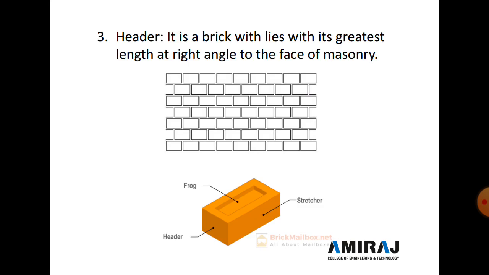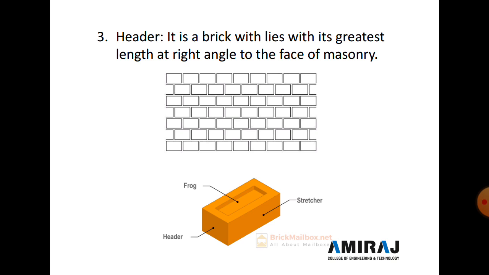Now the next definition is header. First see figure number 2. Here three important points are given: header, stretcher and frog. Header is the smallest part of the brick. Stretcher is the longest part of the brick, and a frog is on the top.